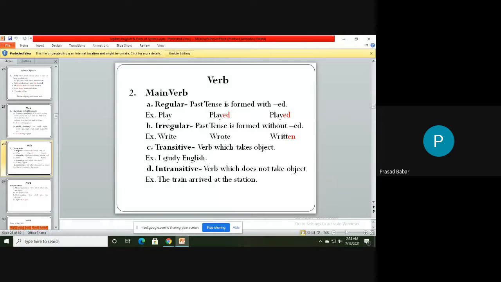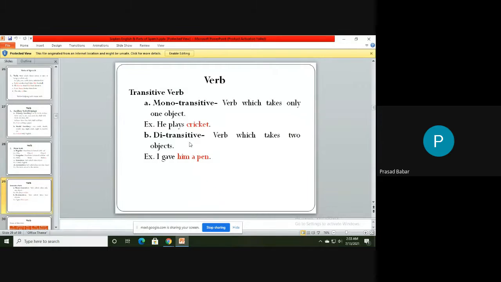So then we have discussed the main verb. After that, in transitive verb also, there are two types of transitive verbs. First is monotransitive.